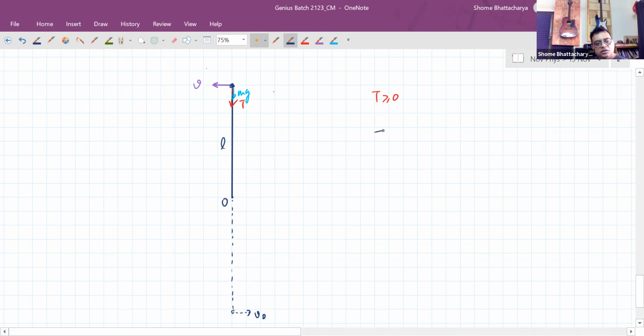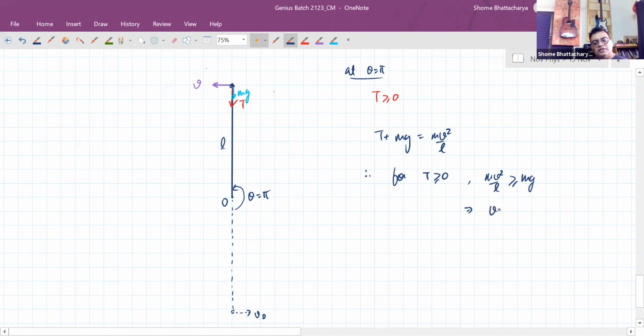So T plus mg at theta equal to pi, T plus mg is equal to centripetal force. So therefore, for T to be greater than equal to zero, mv square by L should be greater than equal to mg.